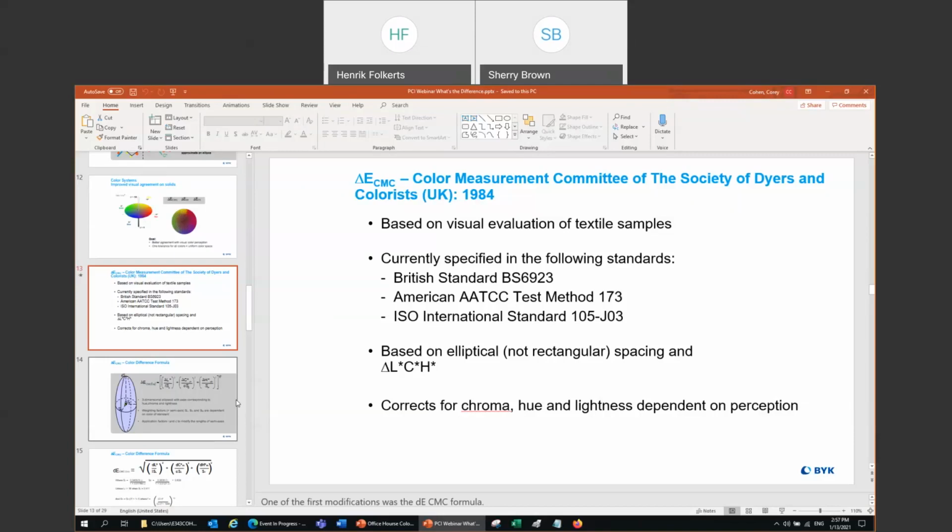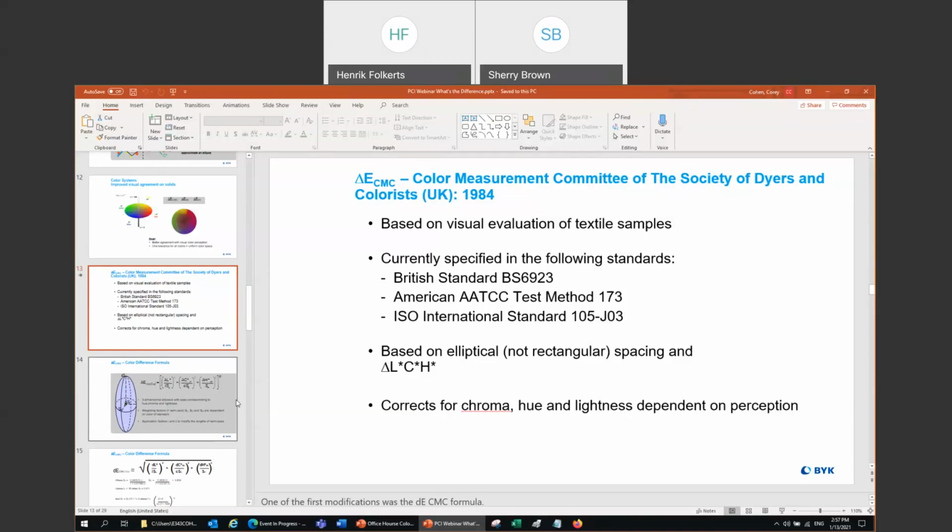The problem with using just a delta E, I assume the delta E star, the basic distance in color space formula, as your tolerance is, again, what I was saying before: a delta E of 1 for a red color may look like a huge color difference, where a delta E of 1 for a green color may look like a very, very small difference.